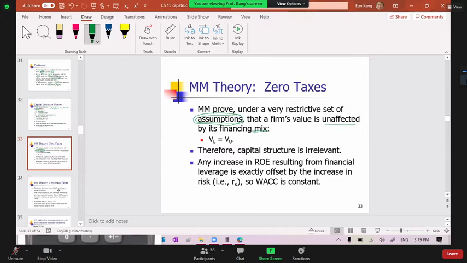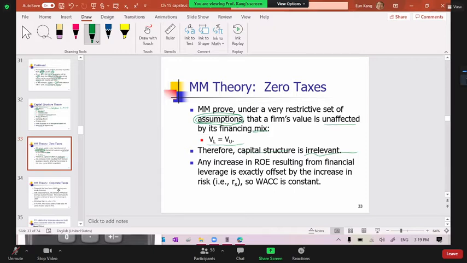So L is levered, U is unlevered, V means value. So value of levered company is the same as value of unlevered company. That's their conclusion. So capital structure is irrelevant. Capital structure doesn't matter. No matter what the company's capital structure, values are the same.